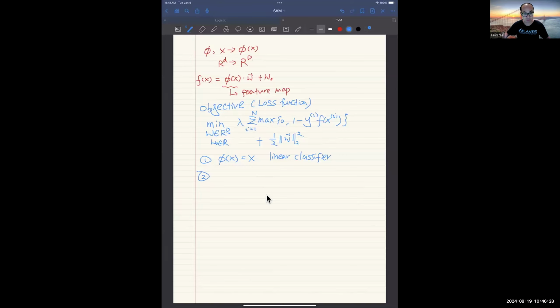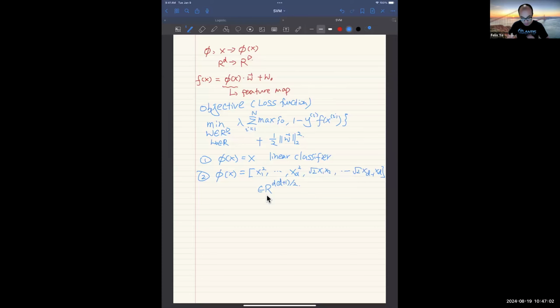For example, we can use quadratic functions to represent the feature, which is x1 squared to xd squared, square root of 2 x1 x2 to square root of 2 x_{d-1} x_d. If you count how many dimensions we have, this will simply be d times d plus 1 divided by 2.